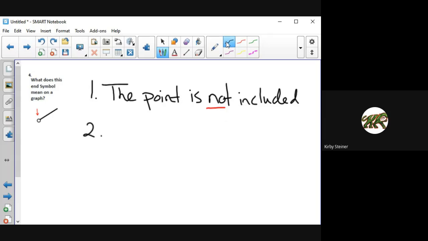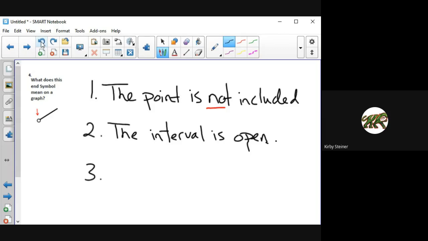All right, so the second thing regarding the interval is that the interval is open. All right, so if the endpoint is not filled in, then it's an open interval.